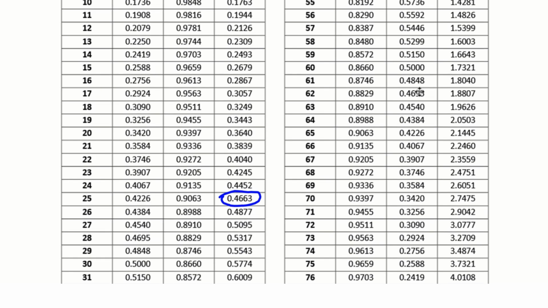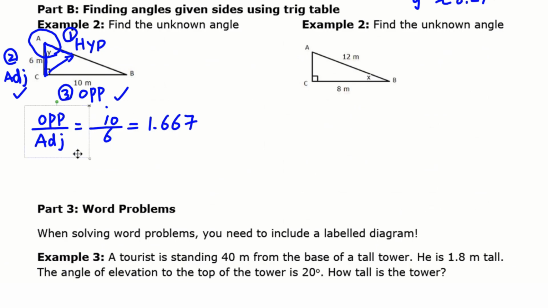So 1.6667, this one will be the closest one to 1.6667. So look at this degree, so it is 59 degrees. Then we go back and write it down. So from the trig table, it's 59 degrees.